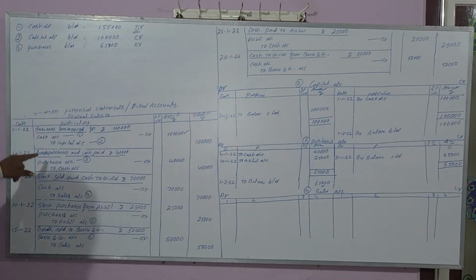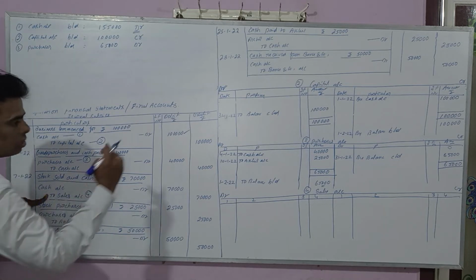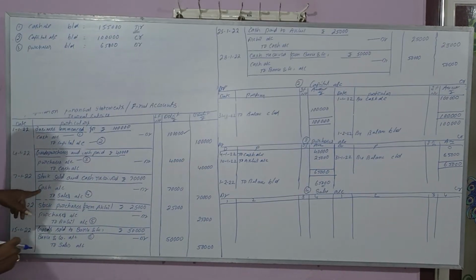First of all, in the first entry there is no sales, in the second entry no sales, in the third entry sales is given. The sales concept is credit. That's why we enter it into the credit side. Then write the opposite one. What is the opposite? Cash account is the opposite. So sales is placed at credit. But write cash account.